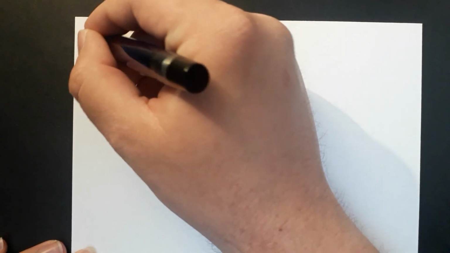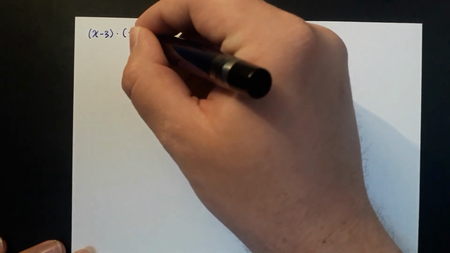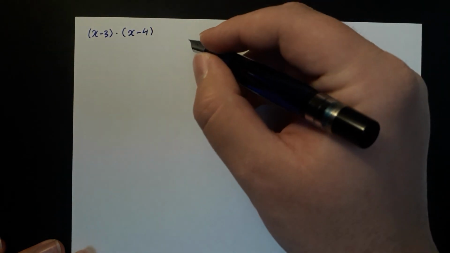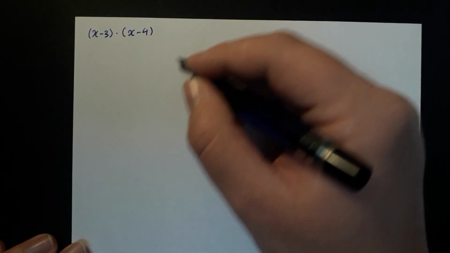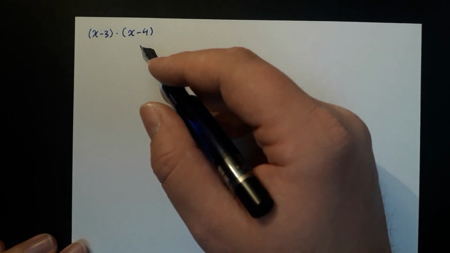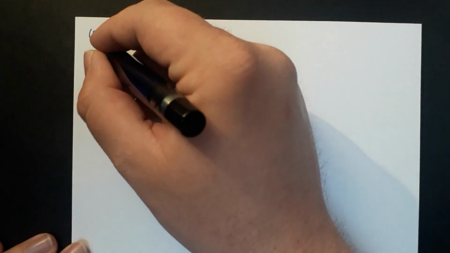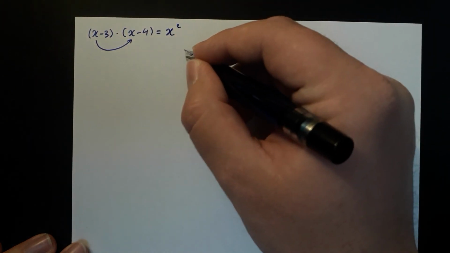To review that, let's suppose that I have x minus 3 in one bracket multiplied by x minus 4 in a different bracket. So how to expand these brackets? We simply multiply each element from the first bracket with every element from the second bracket. That means that we have x multiplied by x and we get x squared.